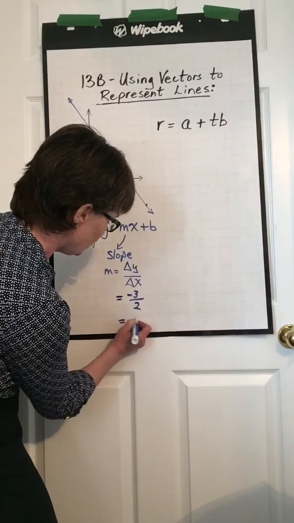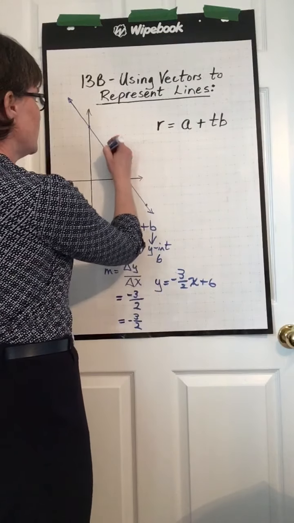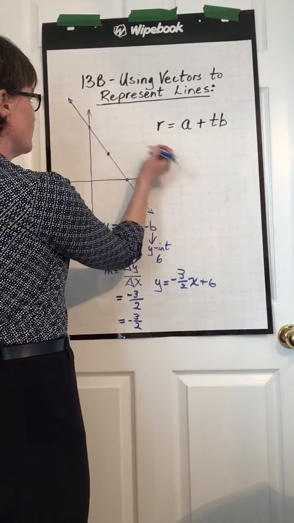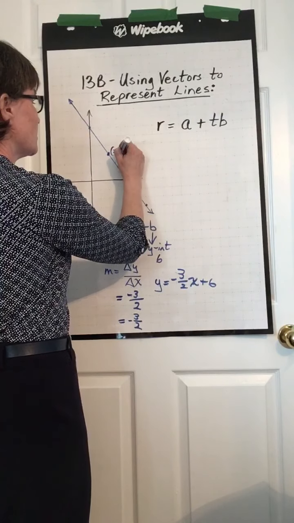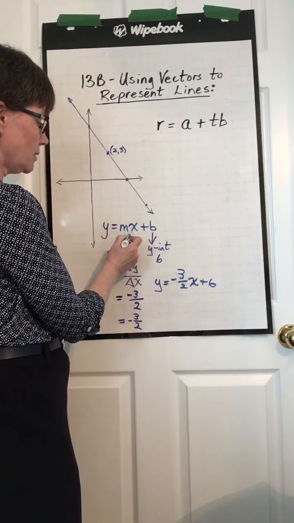We all know how to do that. If we could not see exactly what the y-intercept was, we could take any other point on the line. Let's say we knew this point here, and it is 2, 3. We could have substituted that point 2, 3 in for x and y to calculate b. Okay, linear functions, you all know how to do that already.